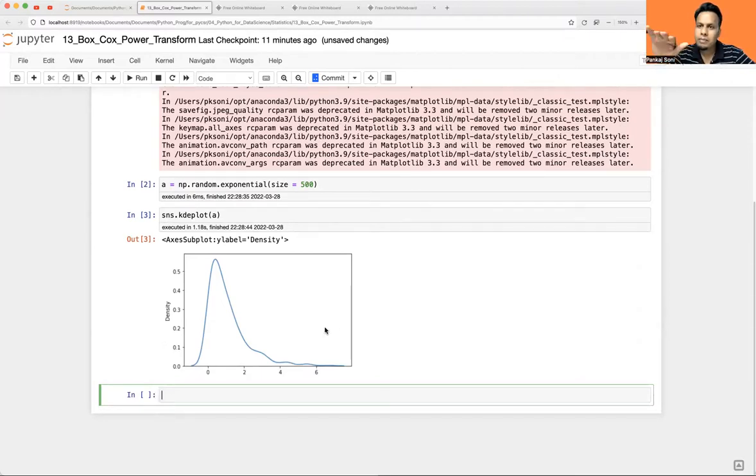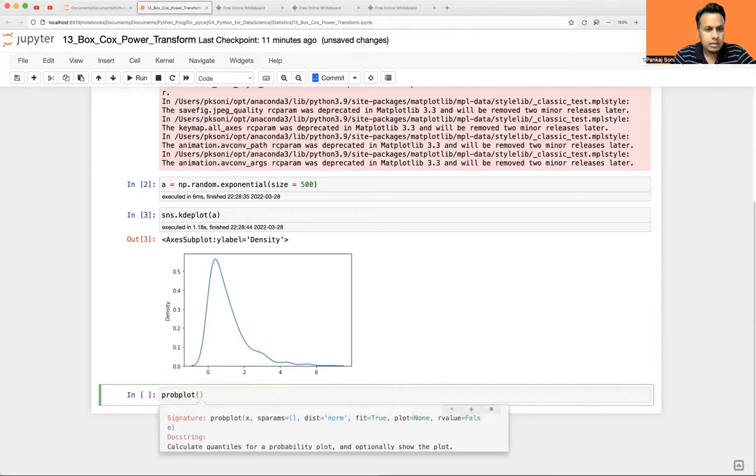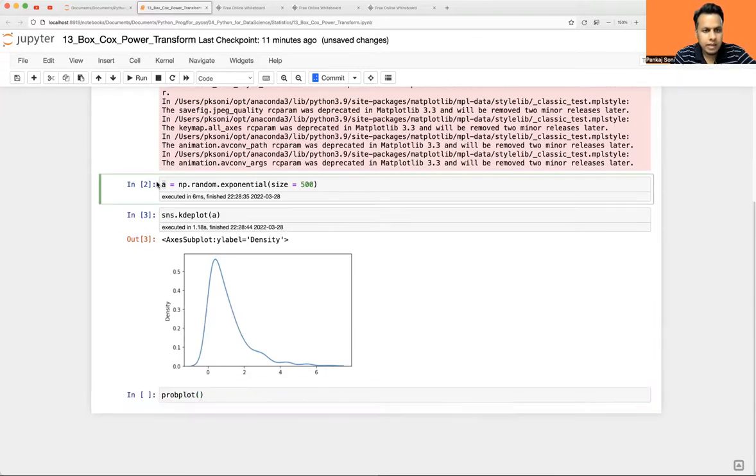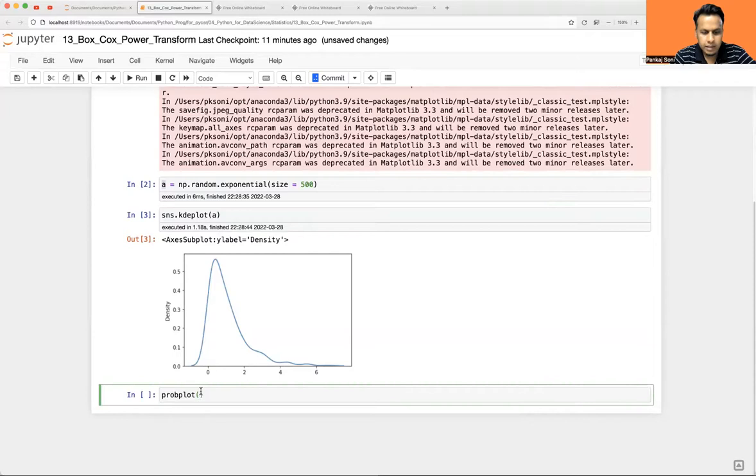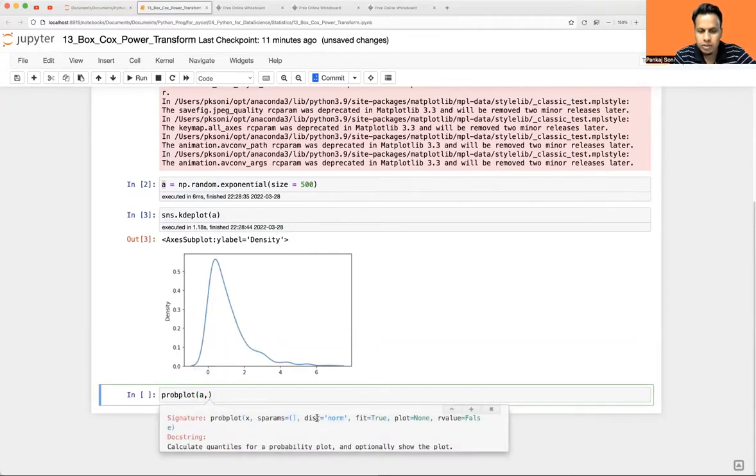If your data is overlapping on the middle line, it is Gaussian normal. If it is not overlapping, it is another distribution. So how can we do that? We have this probability plot, and I want the probability plot of this A. Just write that array, and with respect to, we have already seen, distribution equal to norm. This is nothing but the Gaussian normal distribution.